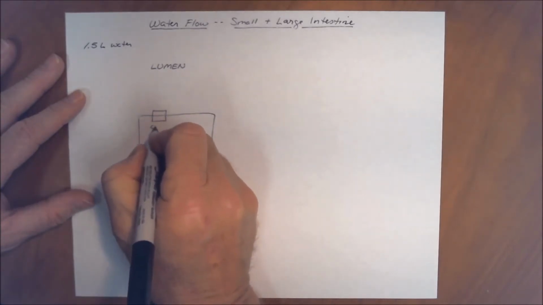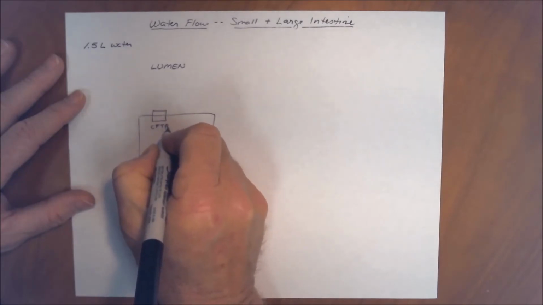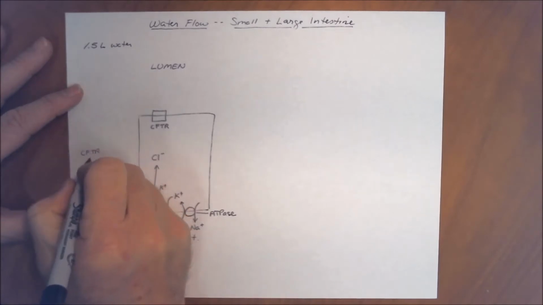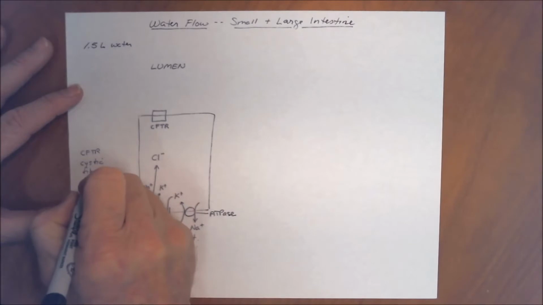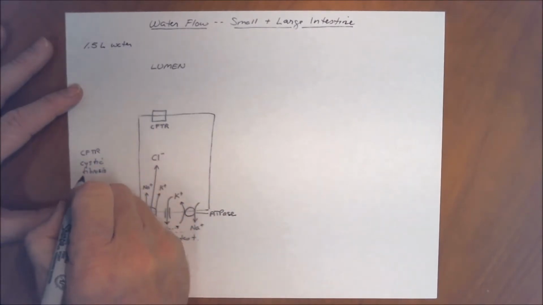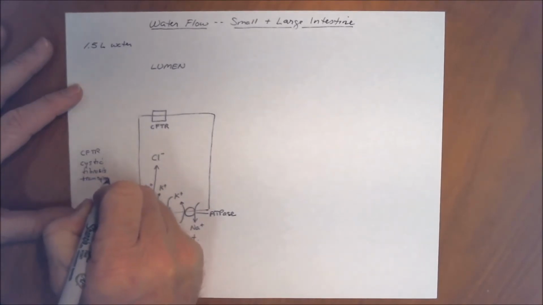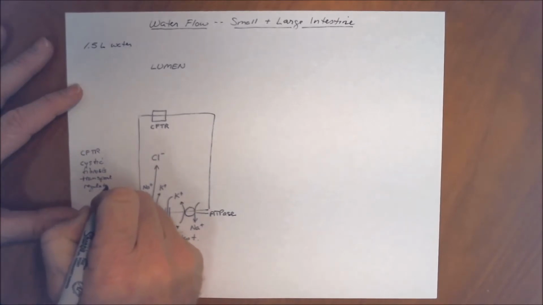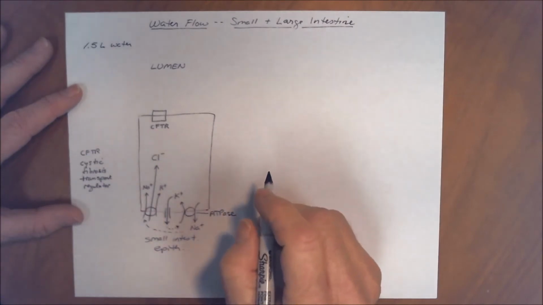Now this is the CFTR, and remember CFTR stands for cystic fibrosis transport regulator. This is a chloride channel.